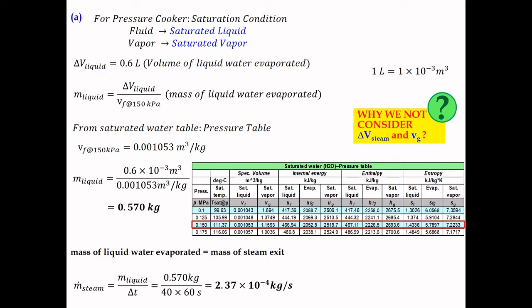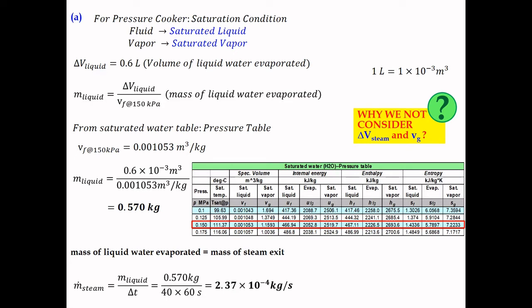Okay, so I want to ask you one question. I hope you try to get the answer. For the equation m liquid equals delta V liquid divided by Vf at 150 kilopascal, why do we not use, because now we want to determine the mass of the steam, the equation of mass steam equals delta V steam divided by Vg?